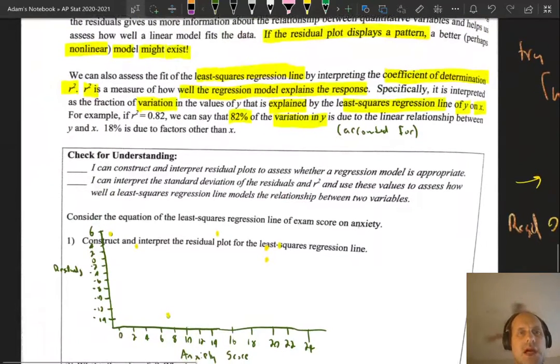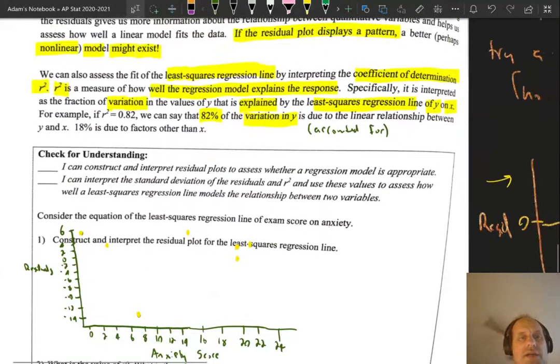Lastly, we can also assess the fit of the least squares regression line by interpreting the coefficient of determination, that is r squared. R squared is a measure of how well the regression model explains the response variable. Specifically, it is interpreted as the percentage of variation in the values of y that is explained by the least squares regression line of y on x.